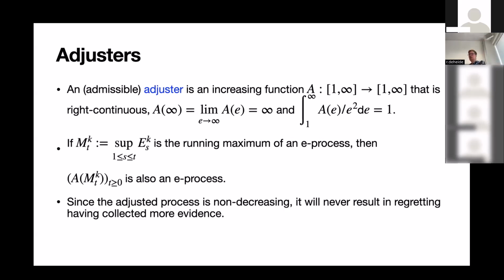And since the adjusted process is non-decreasing, and we started out with this maximum process, which was non-decreasing, it will never result in this problem of regretting having collected more data. So this is a solution. Of course, it has a downside, and that is that our adjusters are quite conservative, and there are many of them.